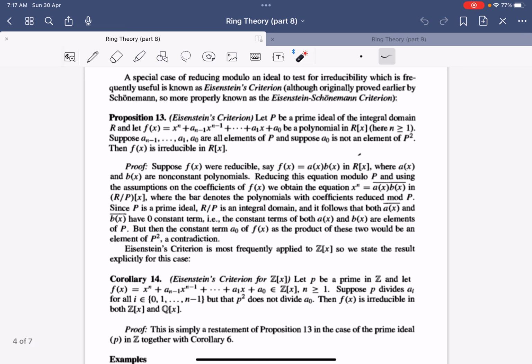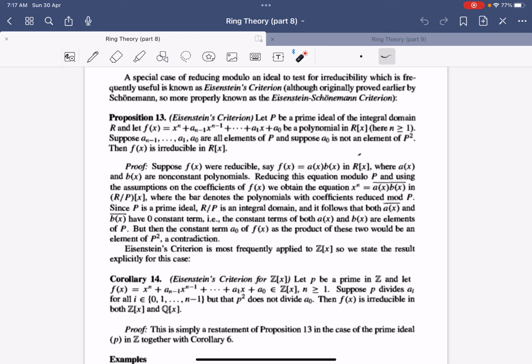So the Eisenstein criterion states that if P is a prime ideal of an integral domain R, and we let f(x) be a polynomial in R[x], and suppose that a_n to a_0 are all elements of this prime ideal, and then you suppose that a_0 is not an element of P squared, then f(x) will be irreducible in R[x].